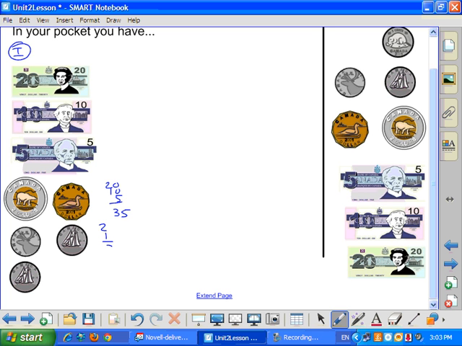So that's going to give me $3. And now I have 25, 35, 45 cents. All right, so putting that together, $35 and 3 more is 38. So $38.45 is my final sum.